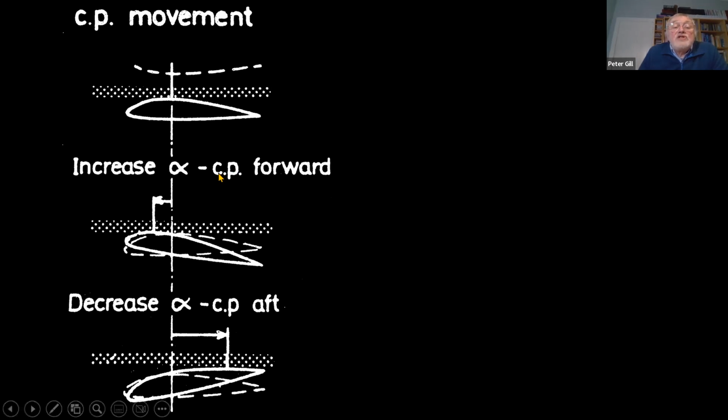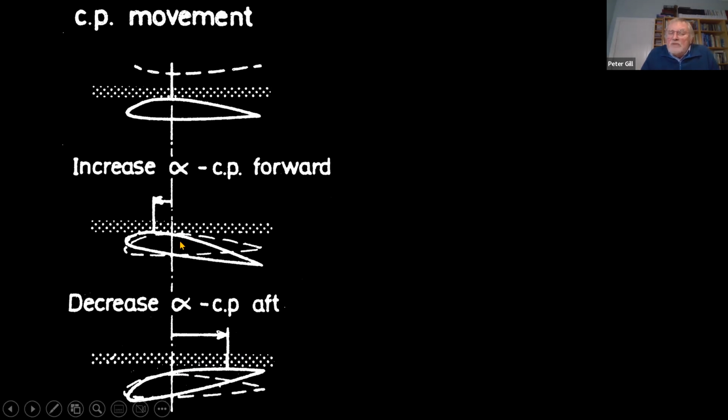Center of pressure is simply defined as the point at which the sum of forces across the whole wing appear to act. As you increase the angle of attack, the center of pressure moves forward; the front of the wing is producing proportionately more lift than the back. Similarly, if you decrease the angle of attack, the center of pressure moves backwards.